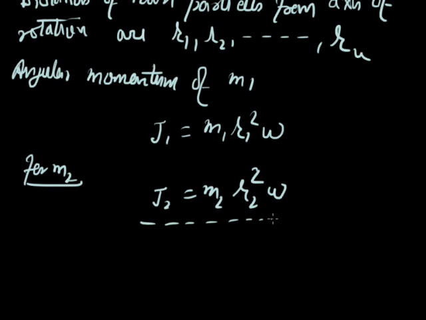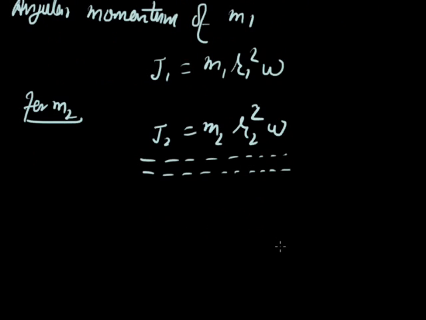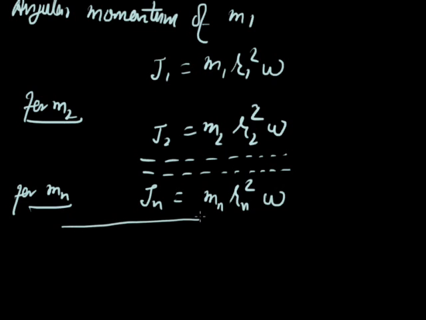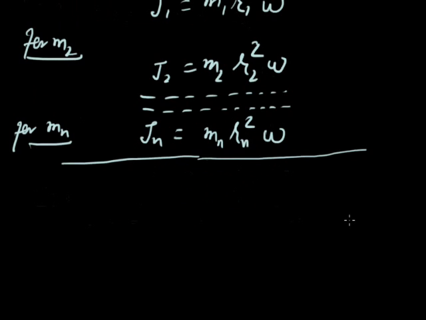In this way we can find the angular momentum of each particle separately. For the nth particle, for mn, jn will be mn rn square and omega. Now we want to find the angular momentum of the total body, because the direction of j1, j2, j3 will be same. It is given by the right hand thumb rule.